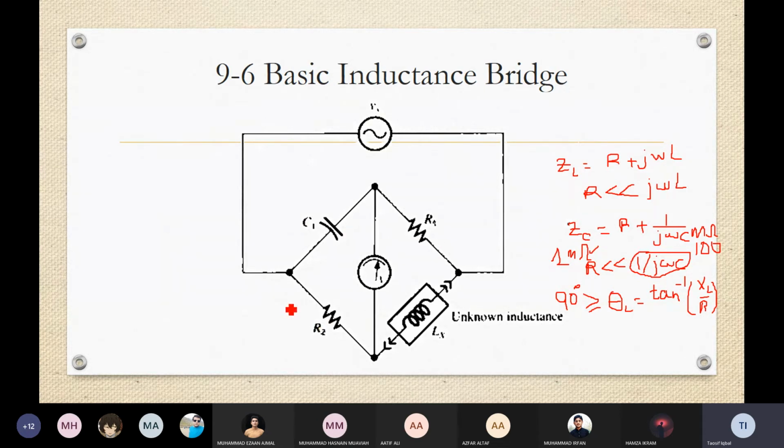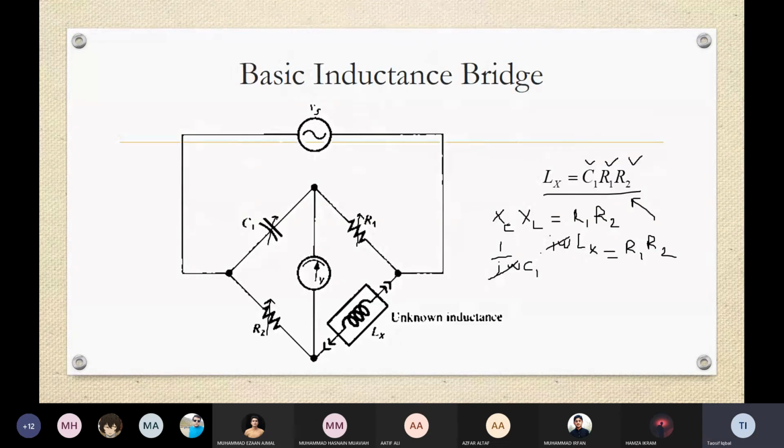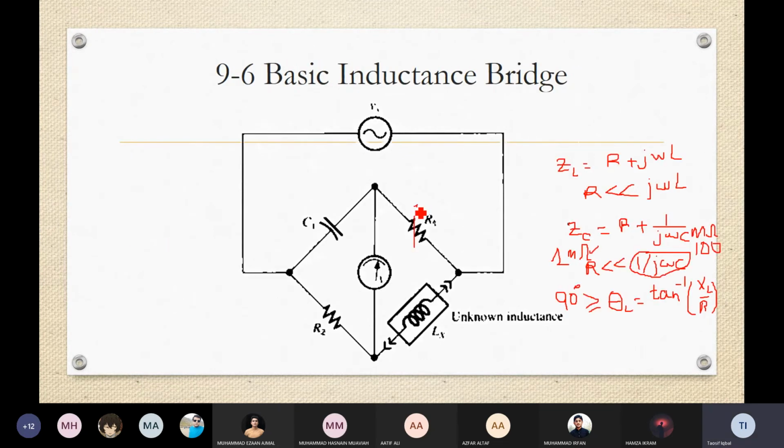Which one is the variable? Let's see which. Okay, all three are variable. So all three are variable ones.